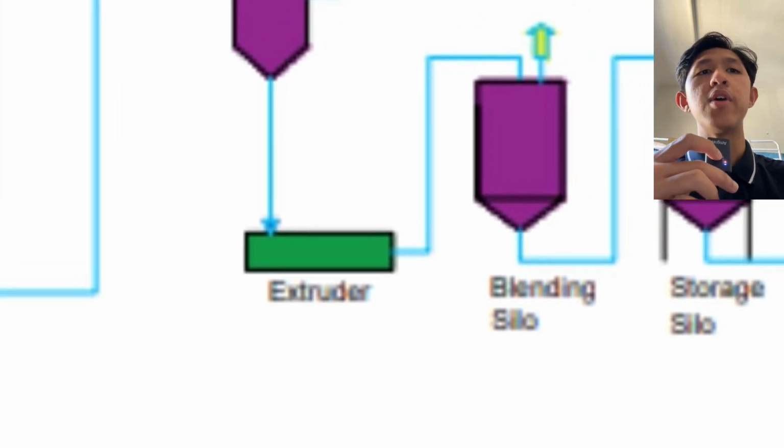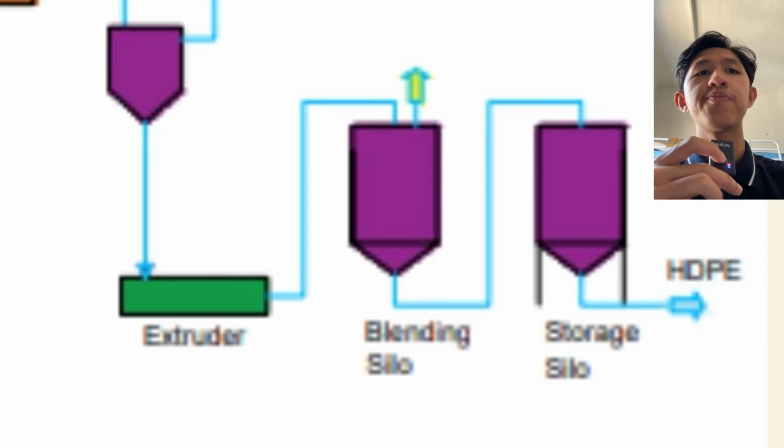And then we have the blending silo. It is used to homogenize the polymer pellets by mixing them thoroughly. This ensures consistent quality and uniform properties in the final product by evening out any variation in the polymer produced during different batches or production runs.